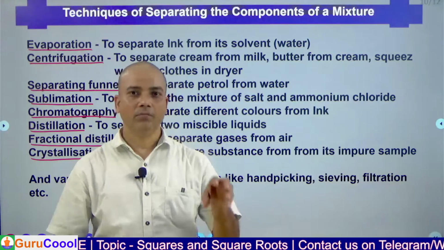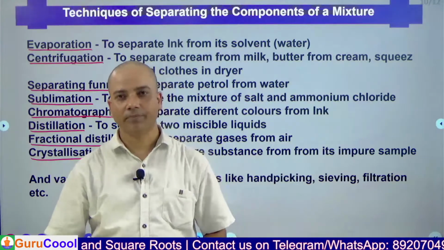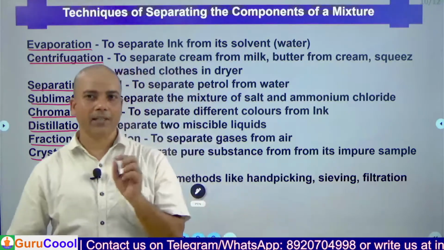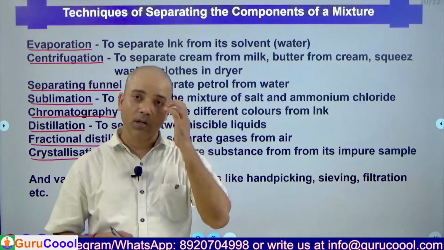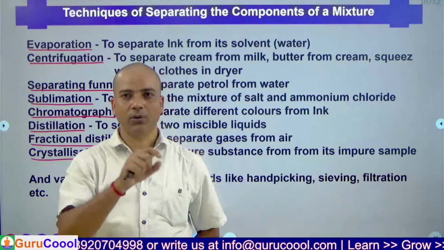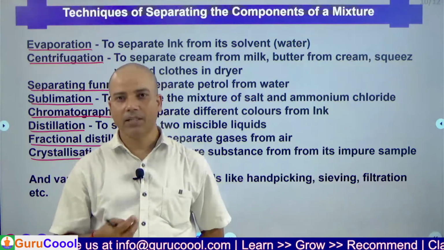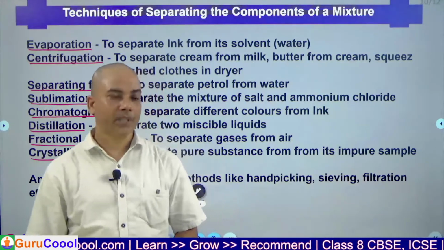And now mom has to separate pulse from sugar. Since it was a very small quantity and the sizes were very different, sugar crystals were very small, pulses were bigger in size, so it was possible to hand pick one by one. So in a few minutes it was done. Hand picking is also possible in some cases.